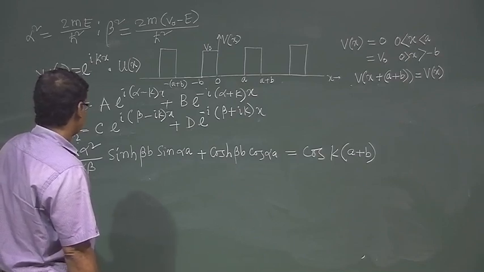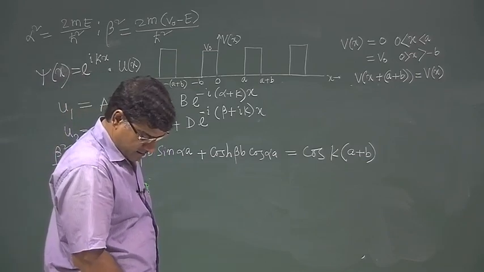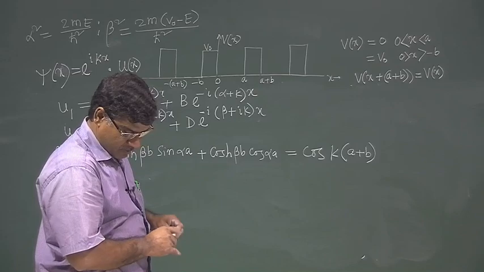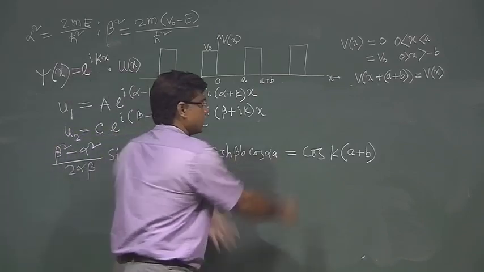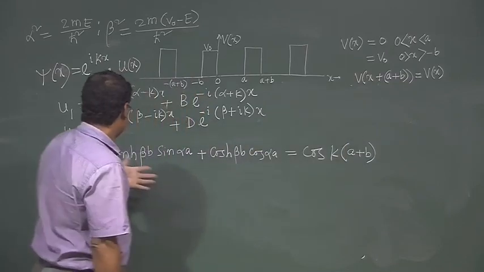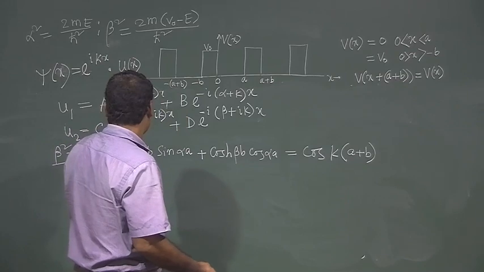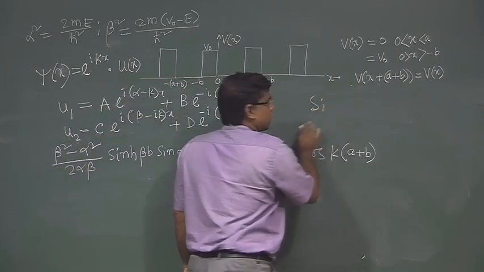Let me check whether I have written alpha beta correctly. Yes. So this will be the solution of this determinant. Now here I think you are familiar with sine hyperbolic and cos hyperbolic, hopefully.